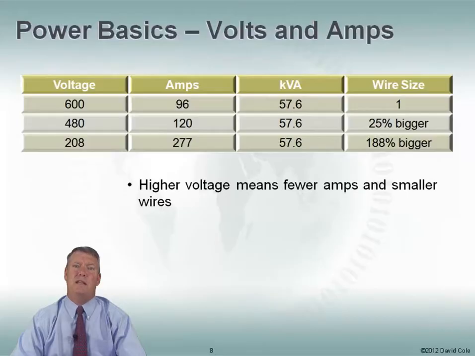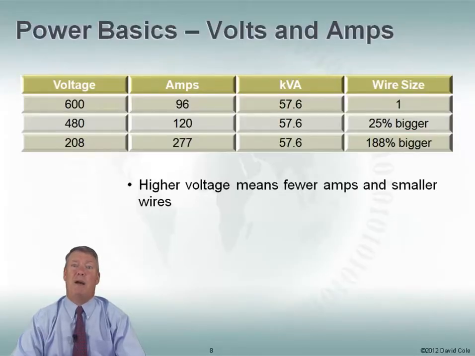The difference is I need a bigger wire because what I've done is I've increased my number of amps. Remember, amps is the size of my hose, the size of my wire, right? So for me to have more amps, I need to carry that along a bigger wire or through a bigger hose. Let's take my voltage down to 208 volts, increase my amps up to 277. Again, I get the same amount of apparent power, 57.6 kVA.